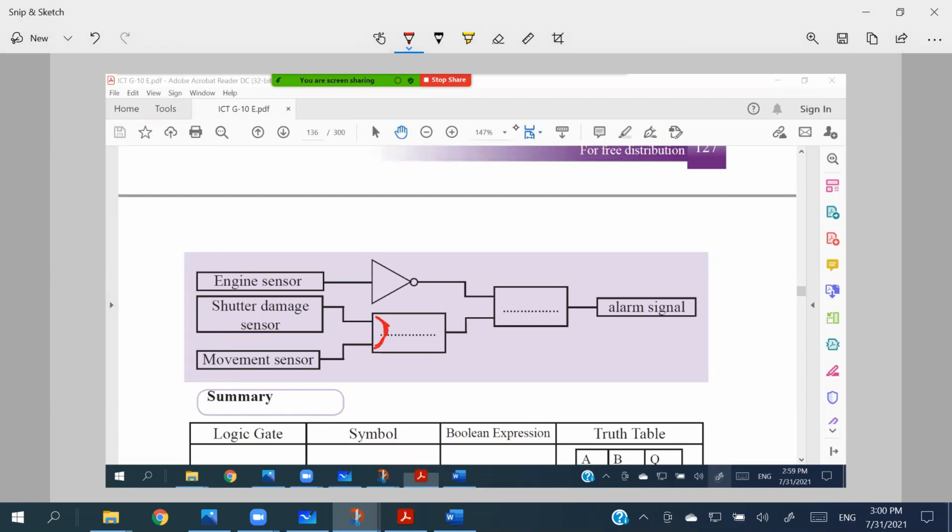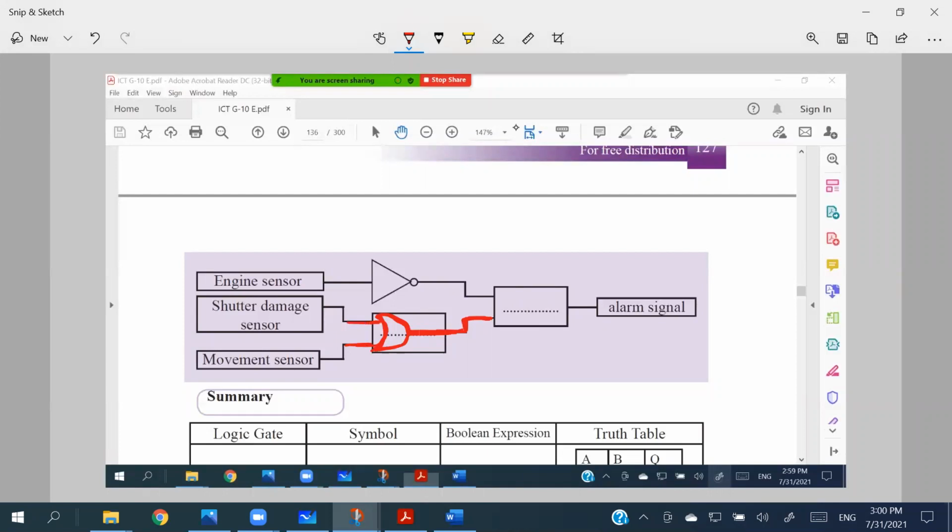If one of those is activated, this should give you 1. So that means either of these things.